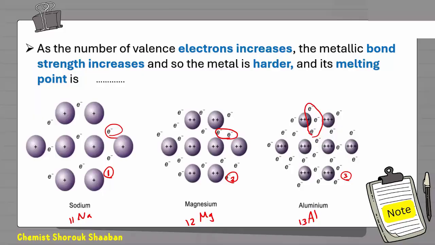Increasing valence electrons makes my metal harder, so of course I need more heat to let them be away from each other and convert into liquid, because melting means the metal atoms get away from each other. The attraction here is too much, so I need too much heat. And that is why the melting point is higher. Clear?